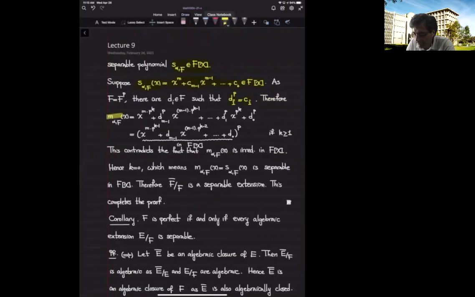Altogether, we get that the minimal polynomial of alpha over f is, instead of x to the m, x to the power m times p to the k. Instead of c sub m minus 1, I have to write down d sub m minus 1 raised to power p. Instead of x to power m minus 1, I have to write down x to power m minus 1 times p to the k, minus p to the k.